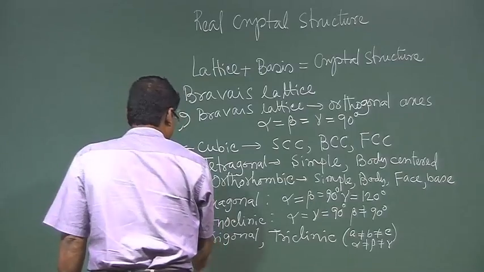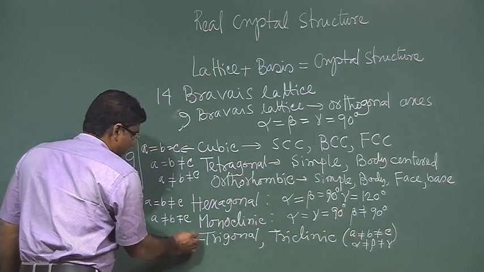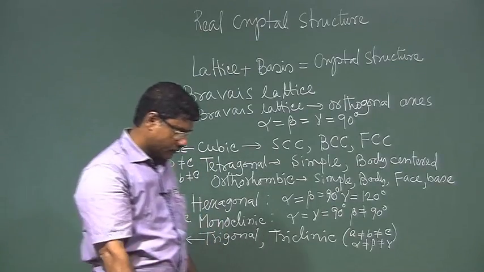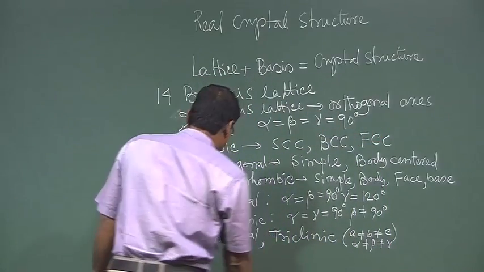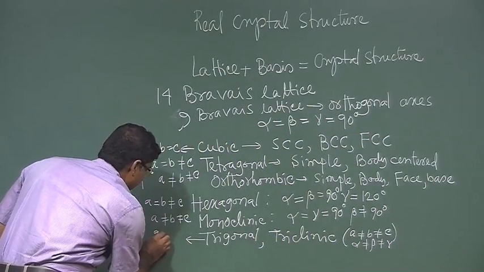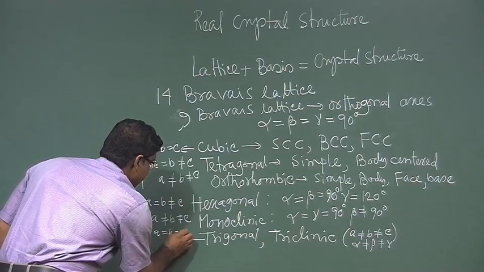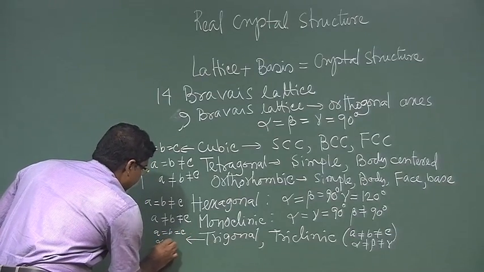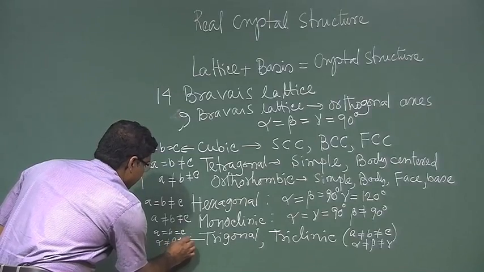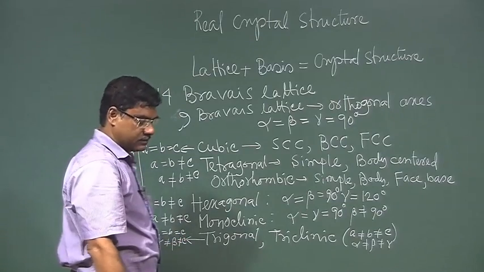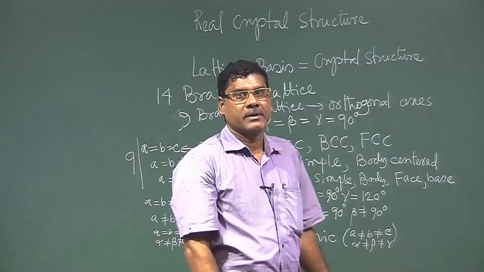And for trigonal, it is also called rhombohedral. In this case A equal to B equal to C, but all angles are different, and they are not 90 degree.